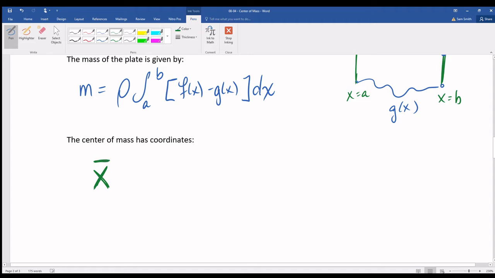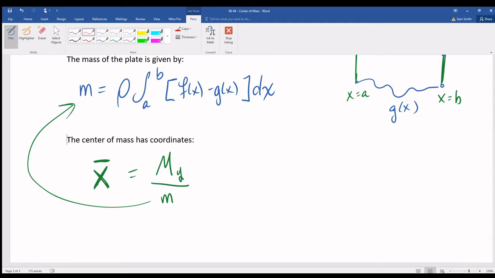If you want to find the center of mass, that will also be given by a ratio, just like in the finite number of objects case. A ratio of a quantity which I will call m sub y, with a quantity that I will call lowercase m, and this is the same m as we gave in the previous example.